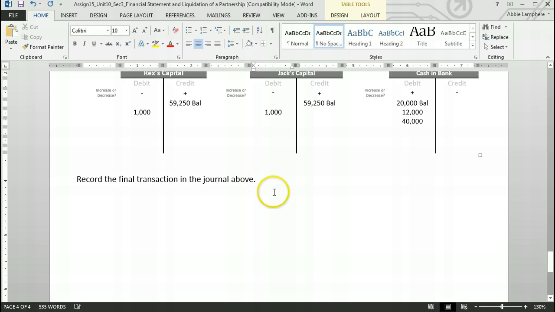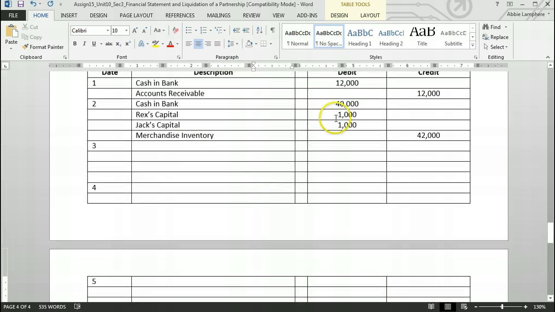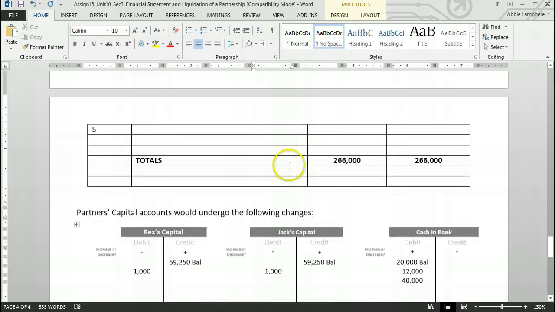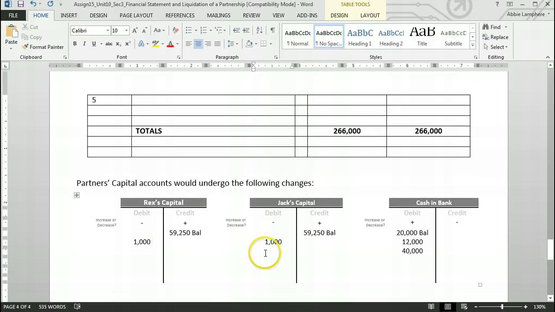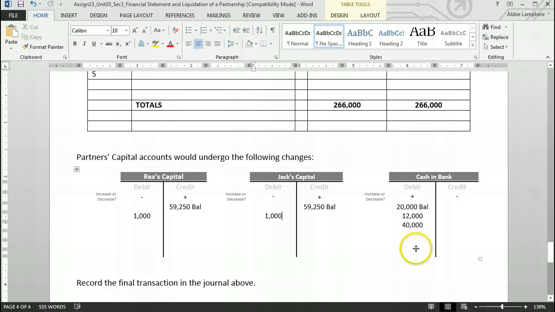Okay, and as you go through and make the rest of these transactions in your journal, you're going to copy how those affected the capital accounts and the cash in bank so that you can get the total for each of these accounts. And I'll go ahead too and give you what your balance should look like when you get done with these. So you still have to fill in the rest of the amounts. Let me just highlight the cells for you.